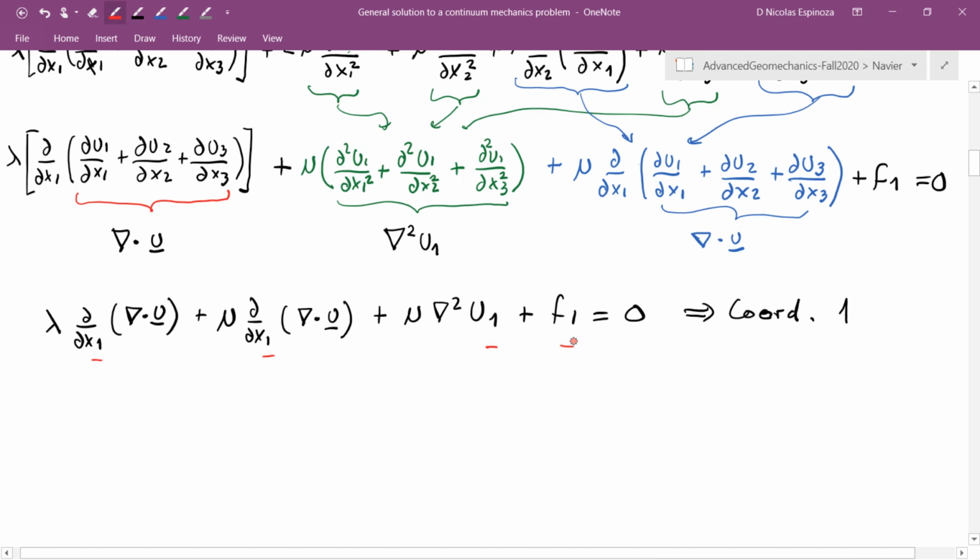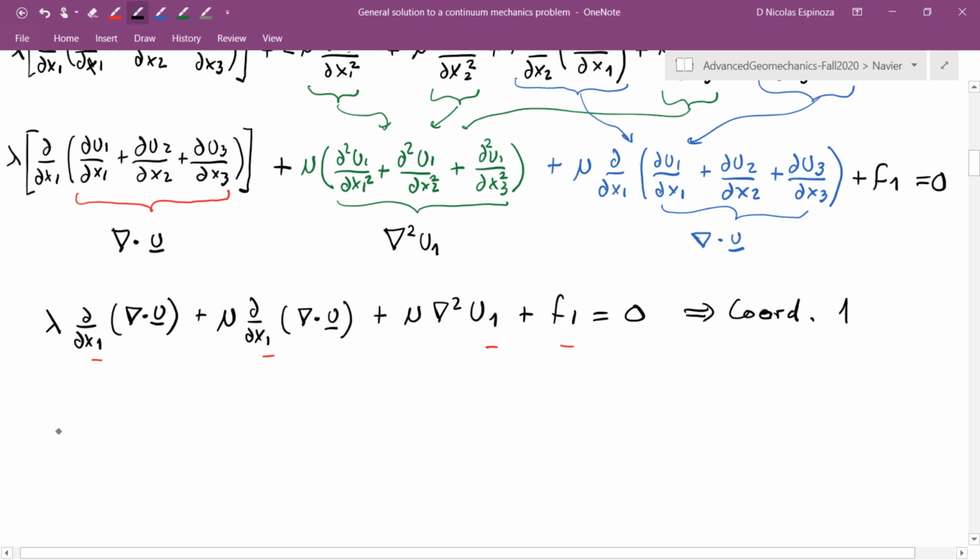So I could have done the same for all the directions and I will get exactly the same equation. What that means is that I want to have three equations like this, but then instead of the 1, I want to have 2 and 3. And I could write that, but I won't. I will just write directly the final equation that involves the 3 directions.